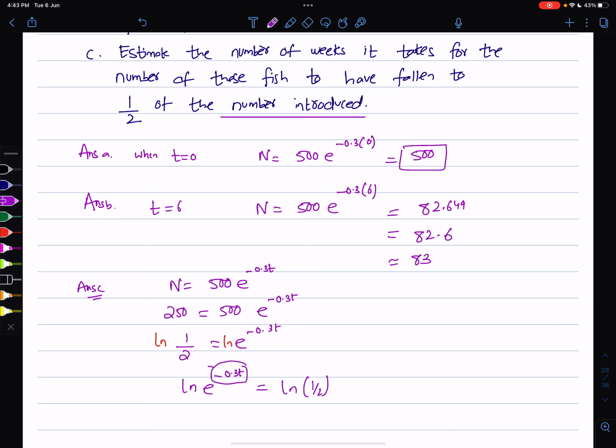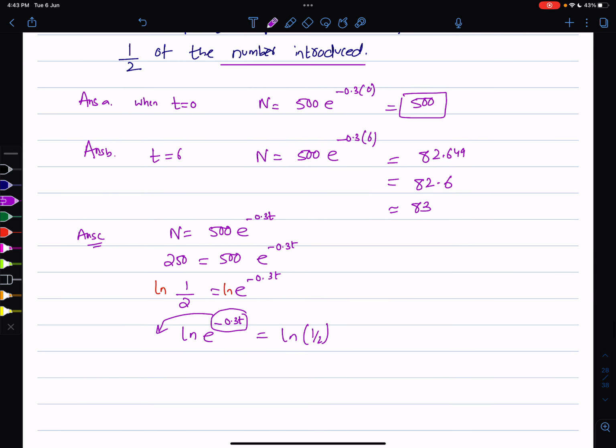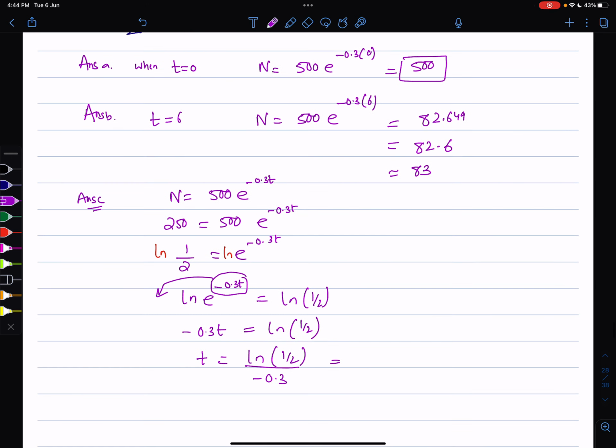We can bring down this power here, minus 0.3t times ln e, and ln e is 1, and this equals ln half. So t is equal to ln half divided by minus 0.3. Ln half is also going to be a negative value, so the final answer comes out to be 2.31, that is 2.31 weeks. So after 2.31 weeks, the population of the fish is going to reduce down to half.